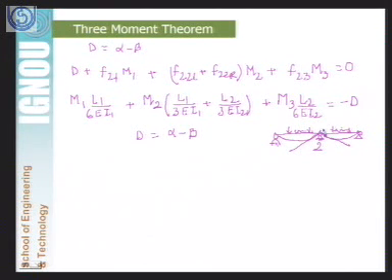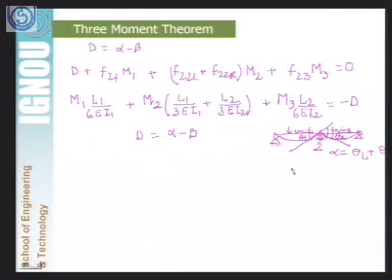So alpha was this angle plus this angle. If we write it as theta R and theta L, then alpha is equal to theta L plus theta R.